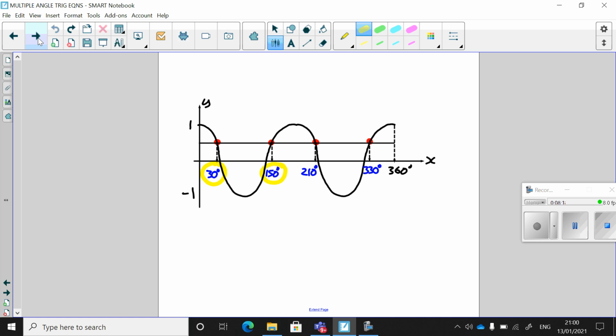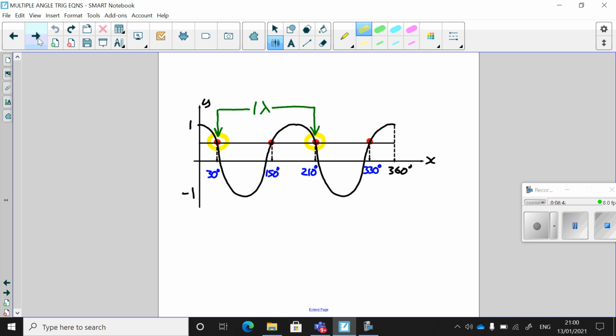The thing is, your calculator doesn't know that you're dealing with trigonometry. It doesn't know you're dealing with a cosine wave. That's your job. So what I'll try to point out here is that the first solution, 30, is actually related to one further on, the 210.